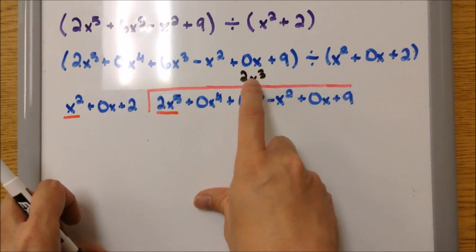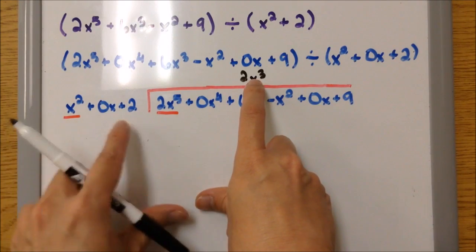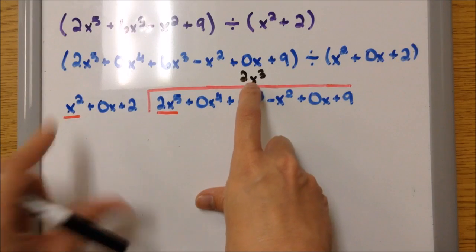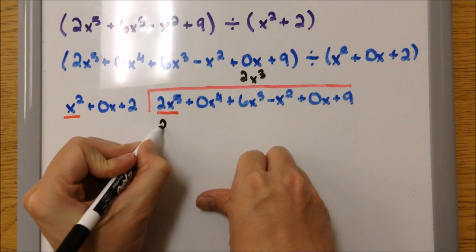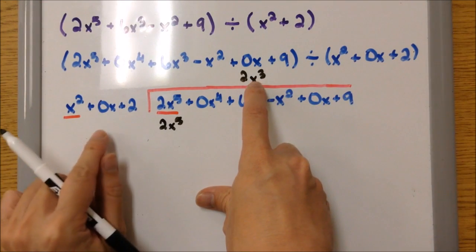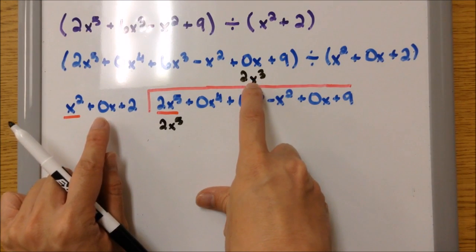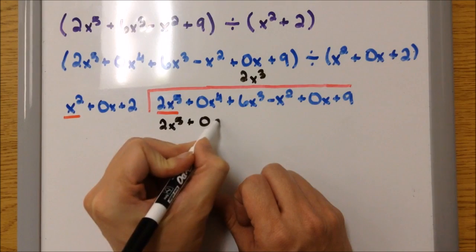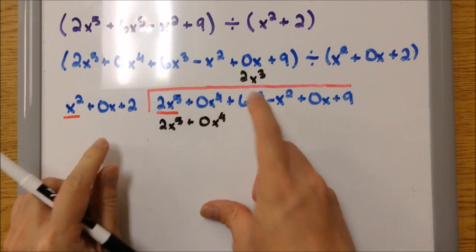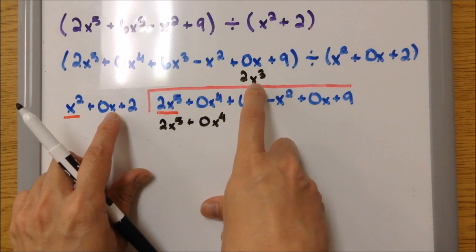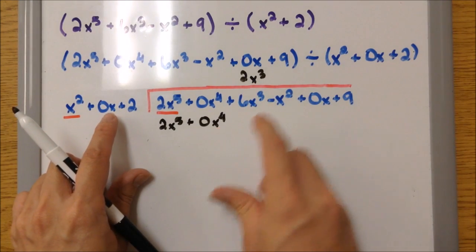So again, I want to multiply this by our divisor. 2x to the third times x squared would be 2x to the fifth power. Now here, 2x to the third times 0x is going to be plus 0x to the fourth. Remember, this is a 0x, and x times x to the third becomes x to the fourth.